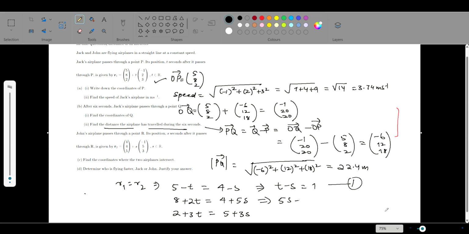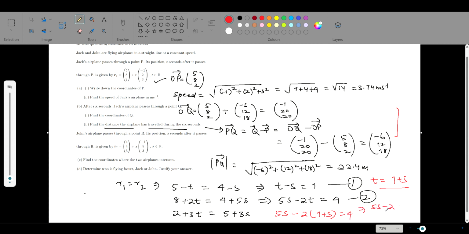And let's say 5S minus 2T is equal to 8 minus 4. That is my second equation, and I think this is enough to solve S and T. So if I substitute T, which is 1 plus S, 5S minus T, which is 1 plus S, that's equal to 4.